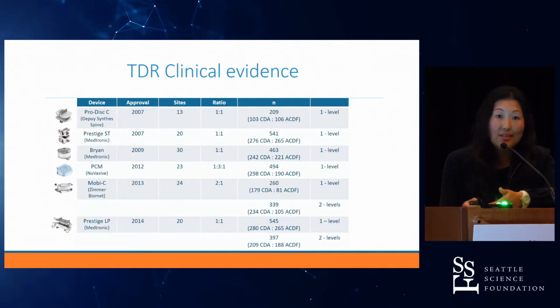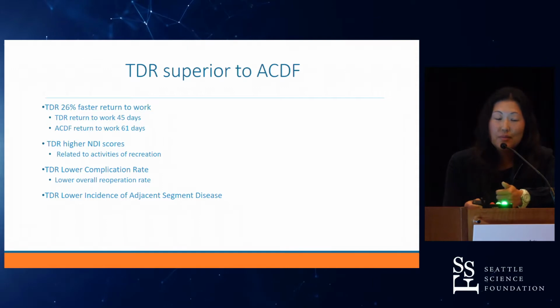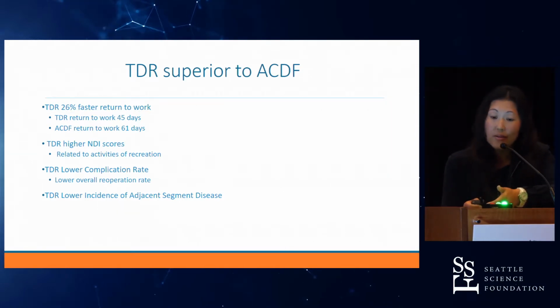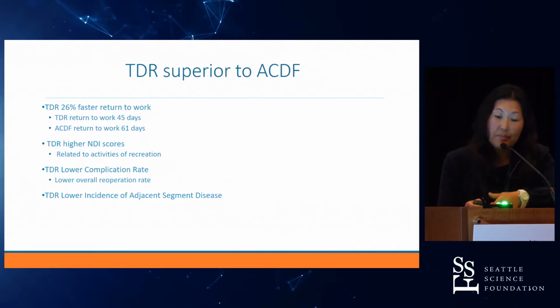Now we have 5, 7, and 10-year data to analyze. I won't go through every single study, but there are basically 4 areas where the total disc replacement is superior to ACDF: faster return to work, higher NDI scores, overall lower complication rate, and lower incidence of adjacent segment disease.